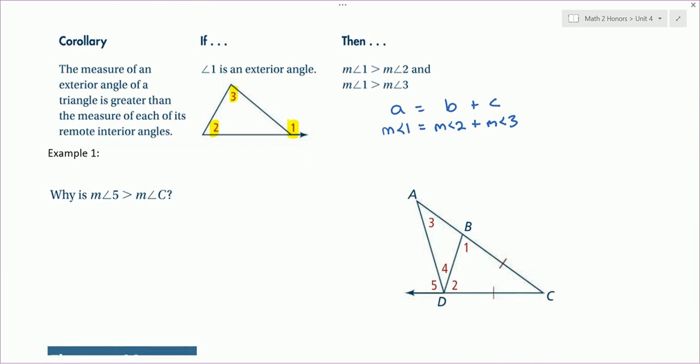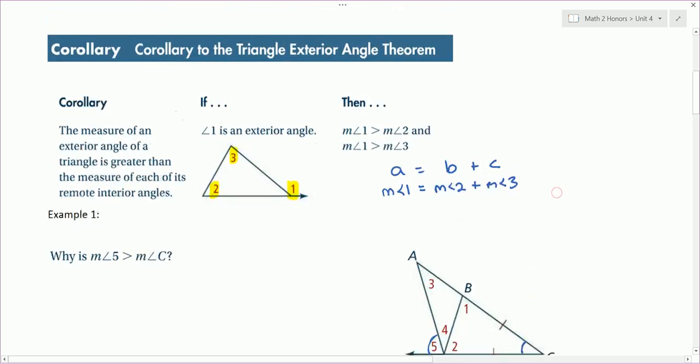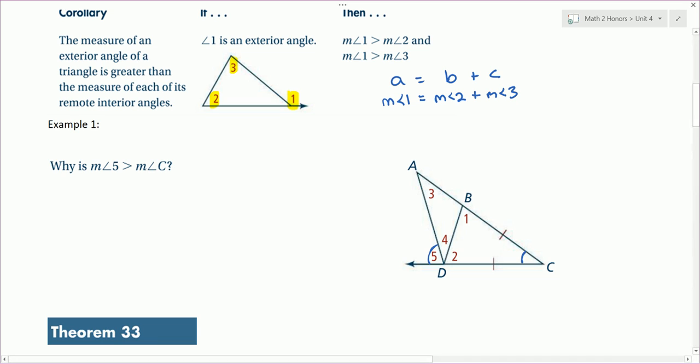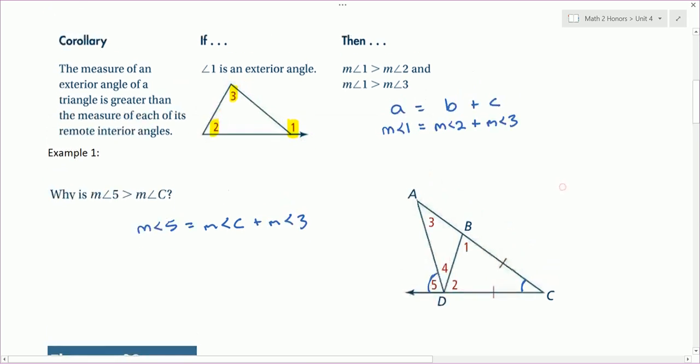So here's an example asking why the measure of angle 5 is greater than the measure of angle C. Well, angle 5 is an exterior angle, and angle C is a remote interior angle. We know that the measure of angle 5 is equal to the measure of angle C plus the measure of angle 3 by the exterior angle theorem.